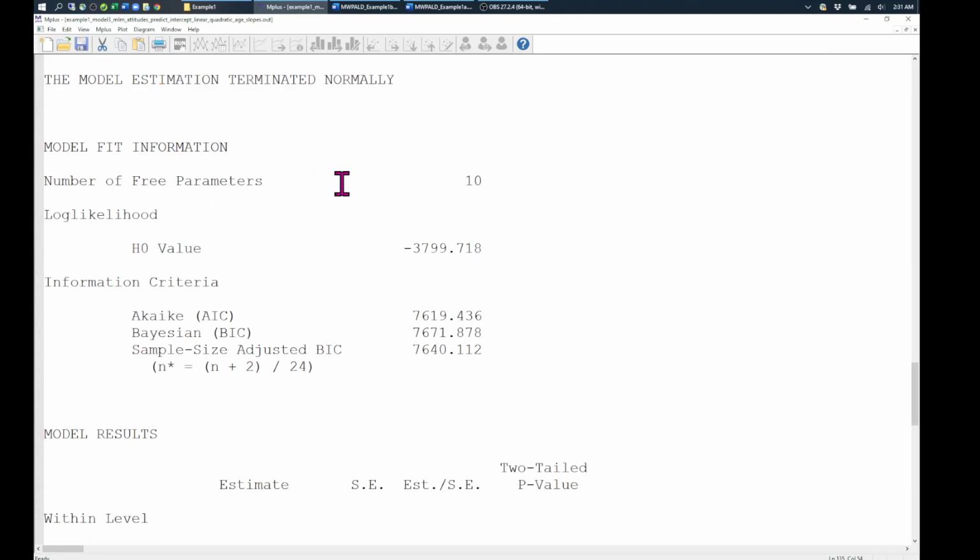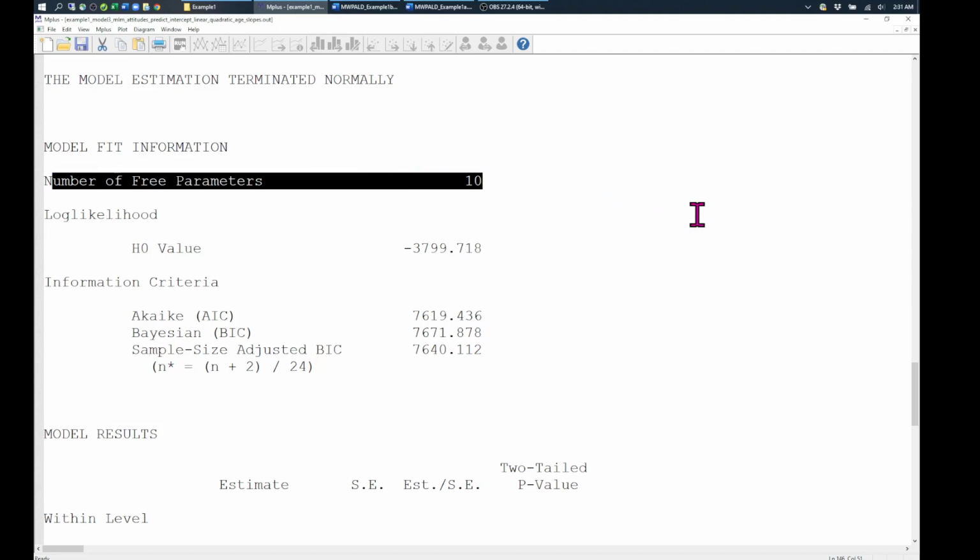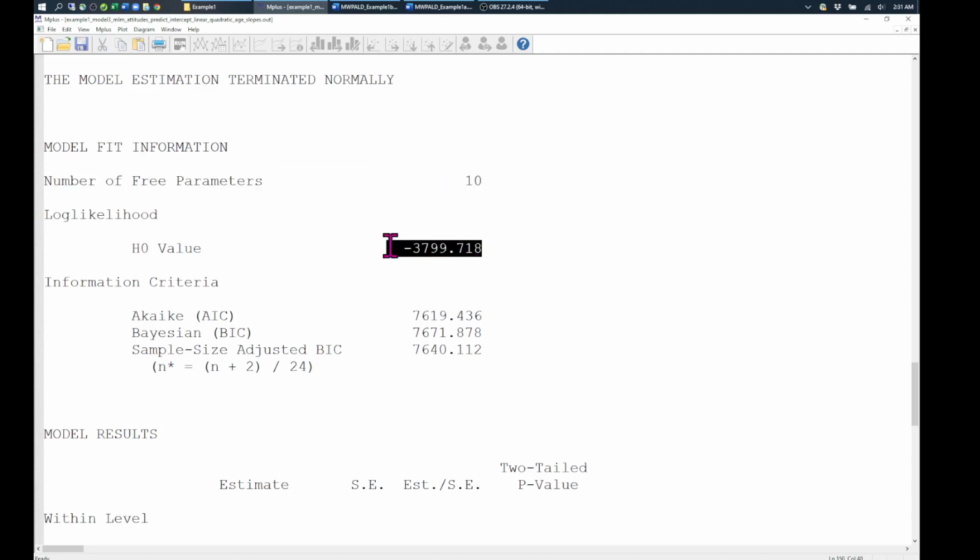So then we get into the results. Number of free parameters is actually number of estimated parameters. So think free to not be 0, is the way I would interpret that. H0 is the log likelihood of your model. And you'll note what's not here that's usually part of the output at this point. SEM people, what's not here? Folks who've taken structural equation models or worked with those before?